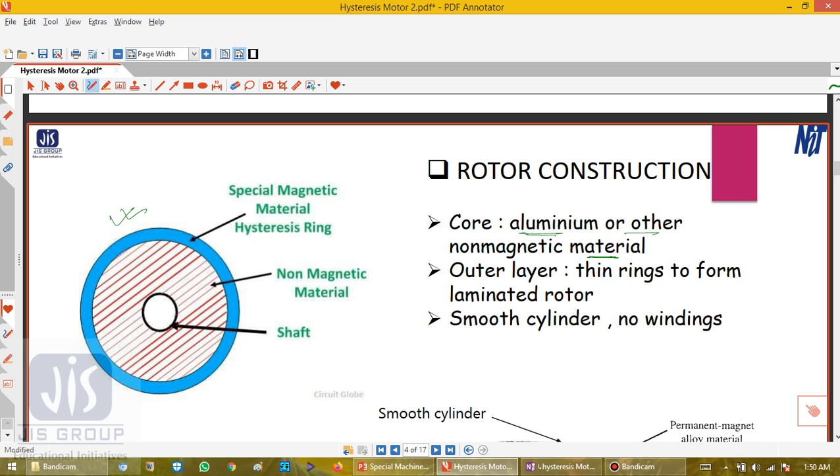The outer layer of special magnetic material, we can show it here, hysteresis ring, thin rings to form a laminated rotor. Okay, in smaller motors a solid ring may be used. So in smaller motors we use solid rings.